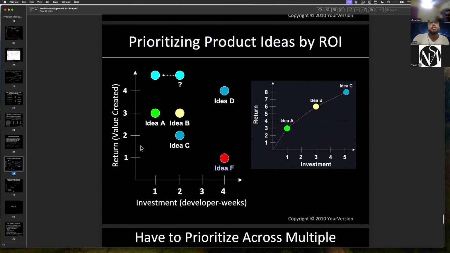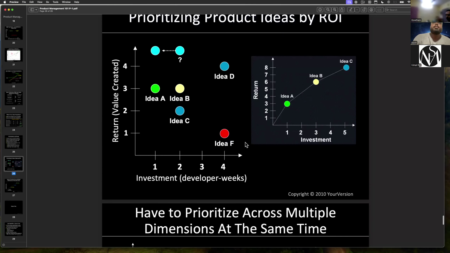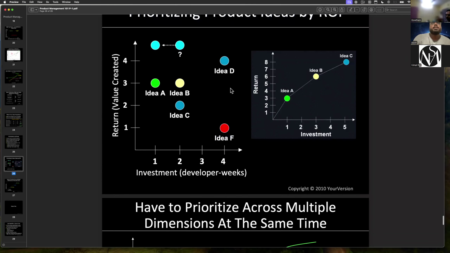But by plotting here you get an idea of which is easy to implement and which is not easy to implement. So based on that you can create a roadmap from where to start, where to end. So understood? Yeah. Yes.